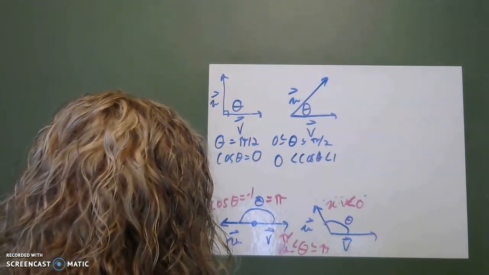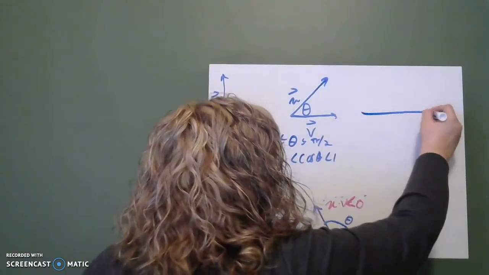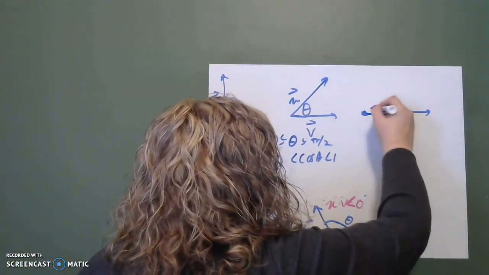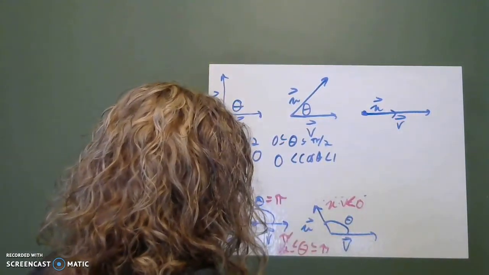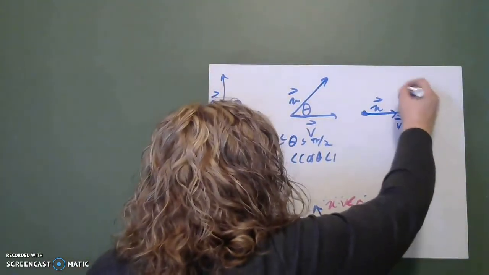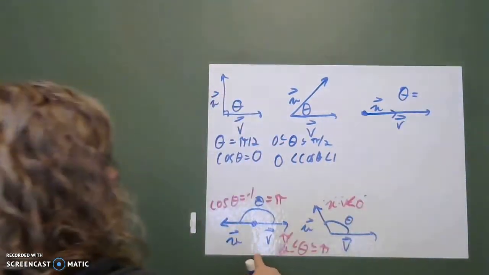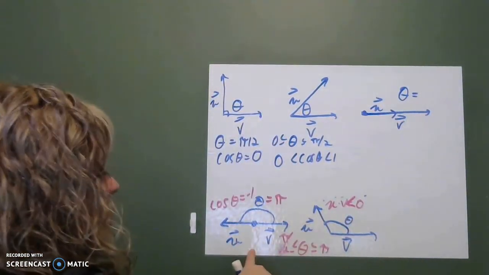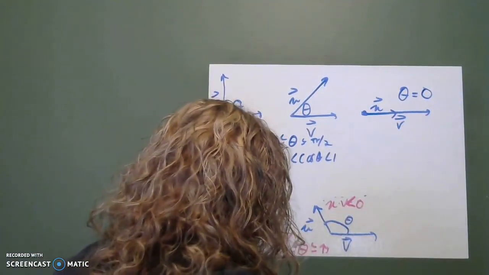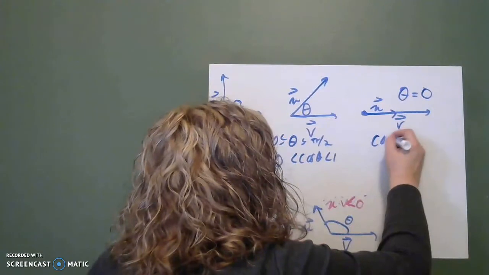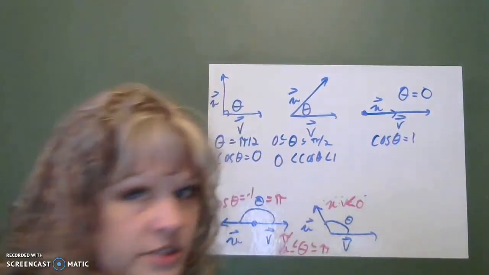And then the last one is if they're both going the same direction. In other words, if u is here and v is here. Here again, you've got almost the same kind of situation, but it's opposite, right? So if this was 180 or pi, that's going to be 0. And the cosine of 0 is 1.